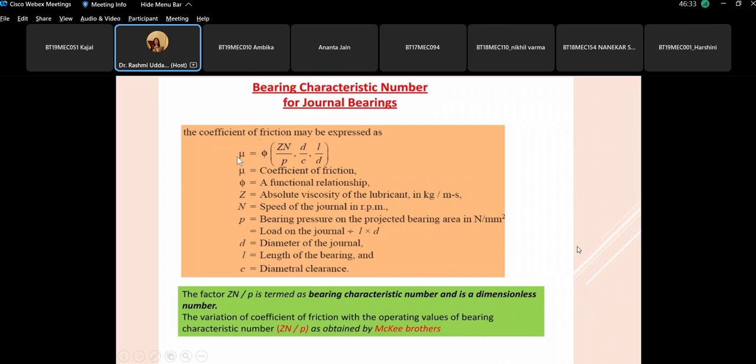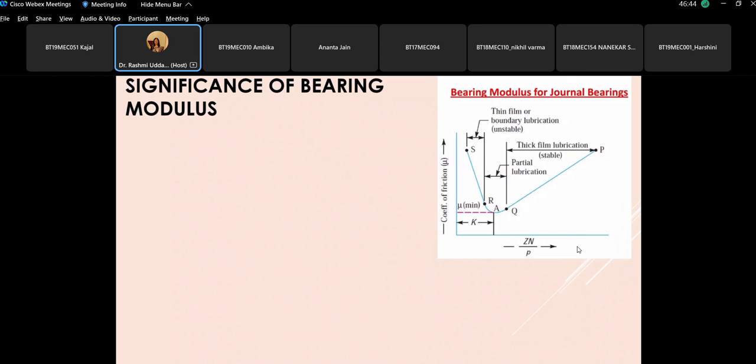And we'll get the relationship between ZN by P, radial clearance, L by D ratio and coefficient of friction in the graphs that are plotted by two researchers, Raimondi and Boyd, and the same graphs are used for all kinds of designs.